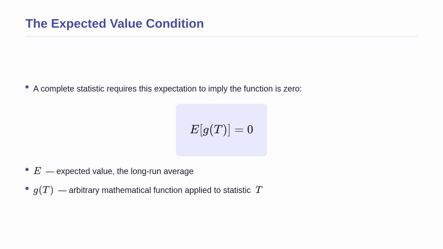The equation states that the average of this function is exactly 0, and crucially, this must hold true for every single possible value of the hidden parameter theta. When an estimator averages to 0 like this, statisticians call it an unbiased estimator of 0. If t is a complete statistic, this equation is the starting point that forces the function g to be exactly 0 everywhere.